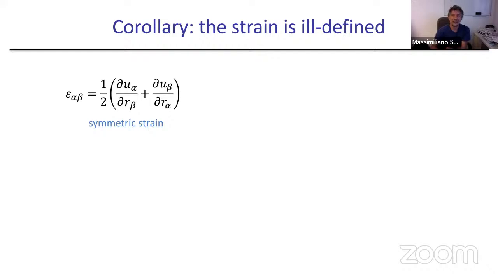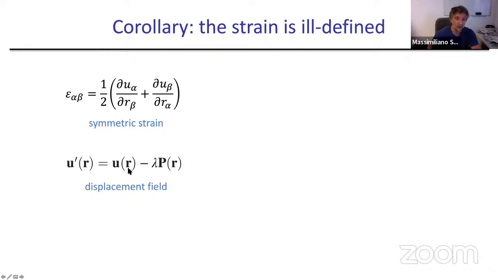So this has a worrying consequence, which is that the strain is itself ill-defined. In what situations is it ill-defined? This is easy to see from what I showed you before. Let's work with the symmetric strain for a moment, which is defined as in this formula as a gradient of the displacement field.